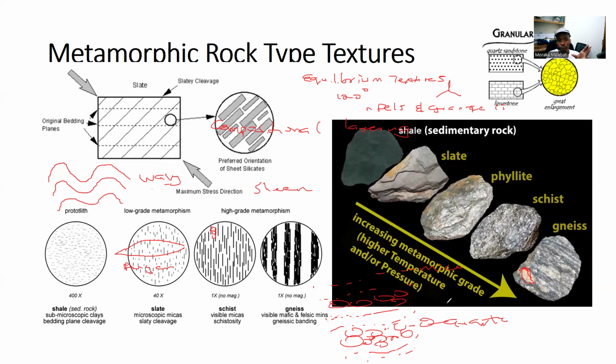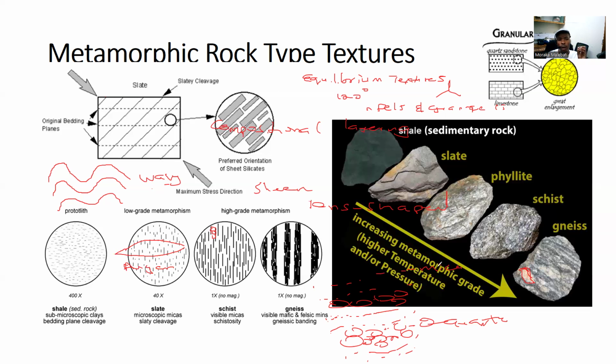This would cause minerals like feldspars to be in the form of lens-shaped or eye-shaped, which is exactly what we call the augen.